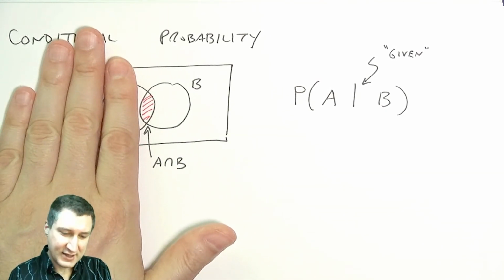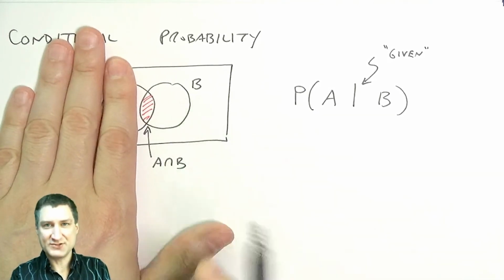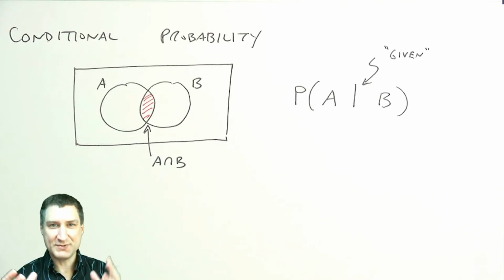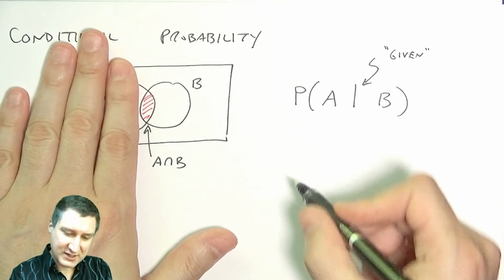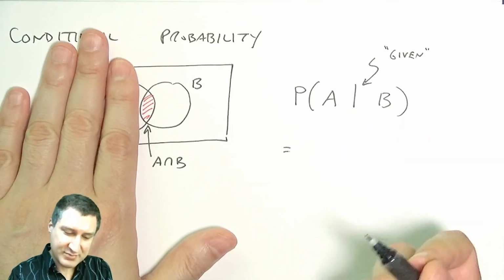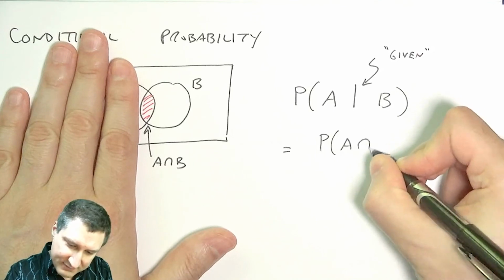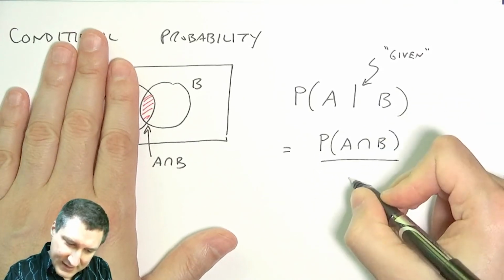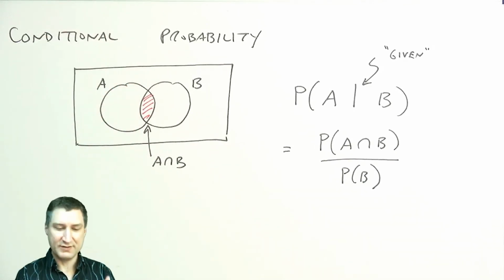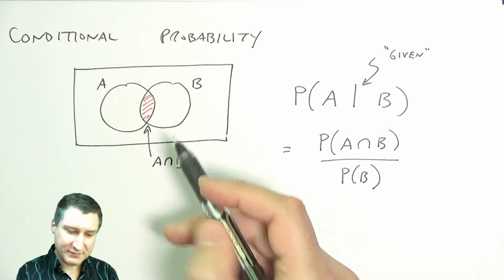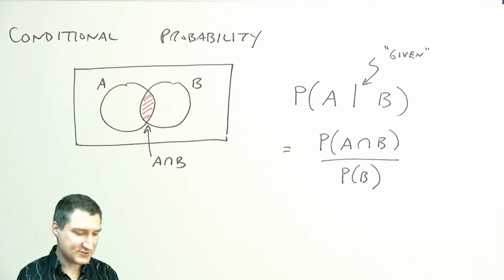Here I can see that I've now got a reduced sample space. I've confined my sample space to just B. And now I'm asking the proportion of B that is made up by A intersect B. So just by visually looking at it, that's the probability of A intersect B divided by the probability of B. It's how much of all of B is made up of this red area that also includes A. This critical definition is all you're going to need.